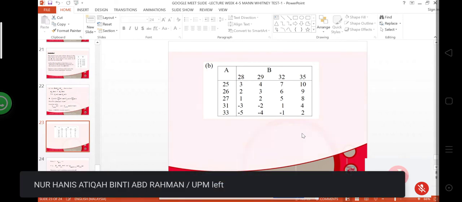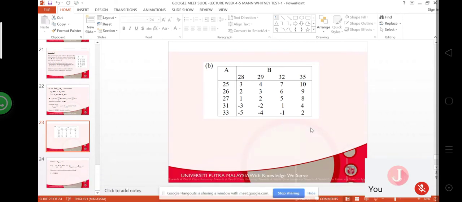What is the largest one? 10, isn't it? So once you have arranged all the differences in increasing order, then you are ready to get the lower and upper confidence limits.